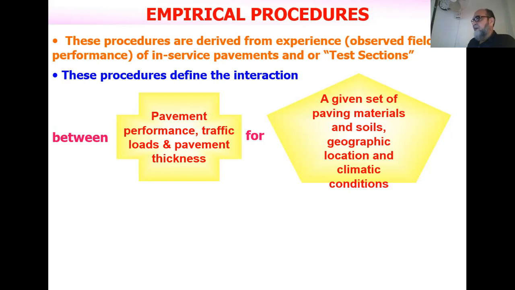It can be interpolated, but it cannot be extrapolated. The point is that, remember, most of the time people won't go for extrapolation in pavement design, and that should be forbidden. It's a practice that should not be adopted.